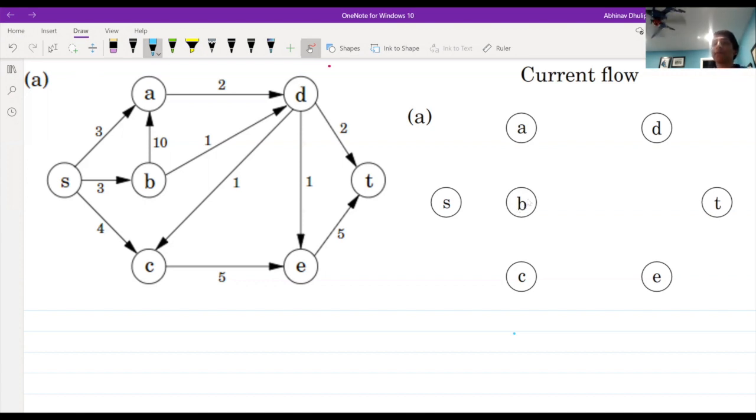So without further ado, let's start getting to it, and I'll start visualizing how Ford Fulkerson works. So Ford Fulkerson works off of a set of augmenting paths, such that an augmenting path is a path that goes from S to T and is some arbitrary path in our graph.